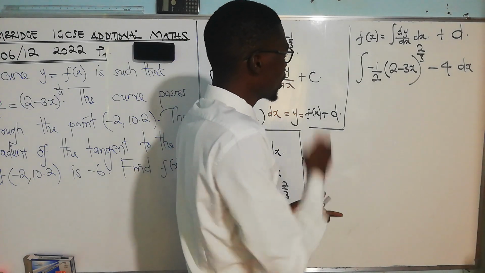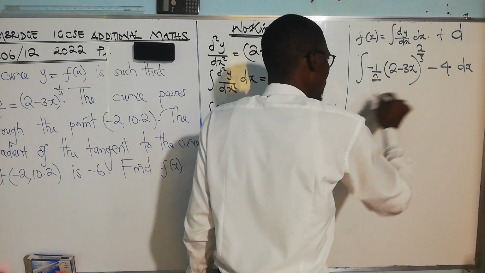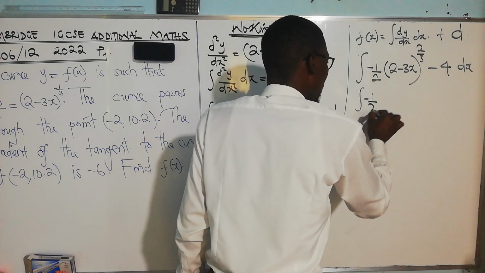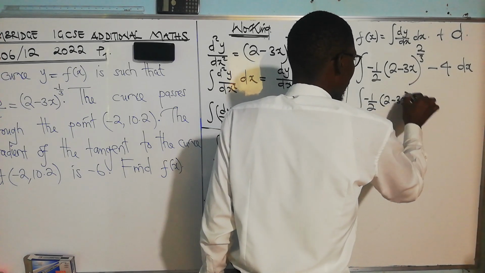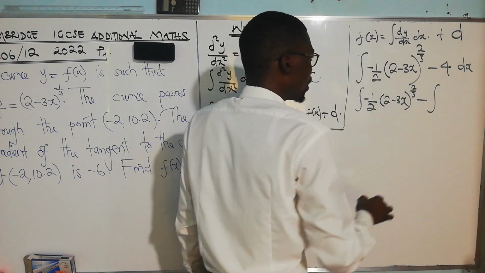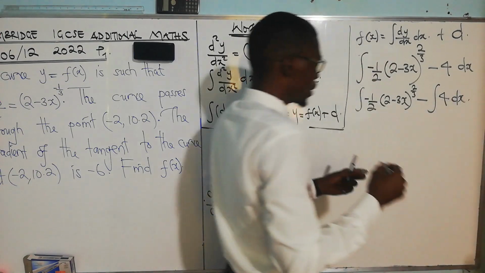So what is this integral? Now note that this integral is the same as the integral of negative 1/2 times (2 minus 3x) to the power 2/3 minus the integral of 4 with respect to x.